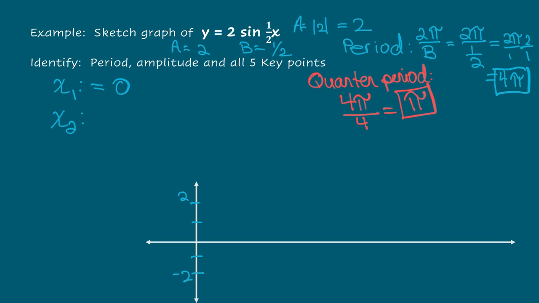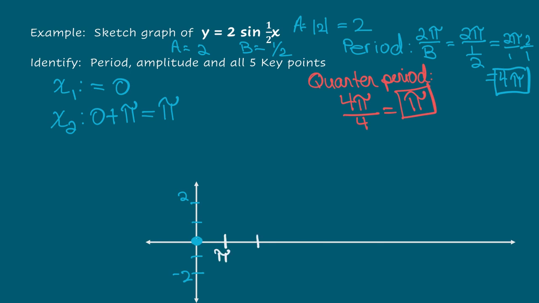So we're going to say 0 plus pi gives me my maximum point. So I'm going to start at 0 and I'll go up to pi. So I'm going to count off here and I'm going to start with pi. So this one's going to be a little easier to write.